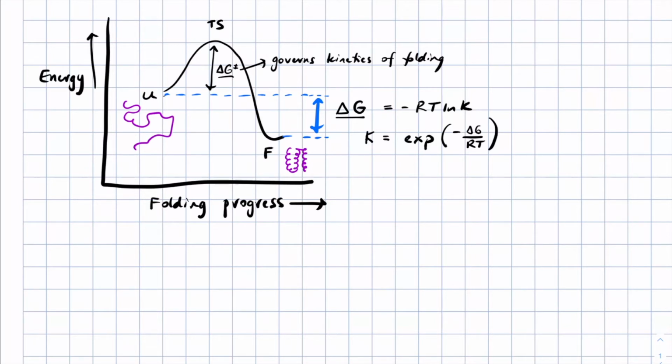So we're going to begin with an unfolded state in equilibrium with a folded state or conformation, and that equilibrium is governed by the equilibrium constant, which we're going to say is also equal to the concentration of the folded conformation over the concentration of the unfolded conformation.